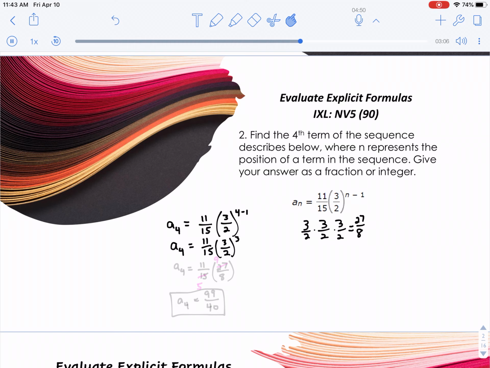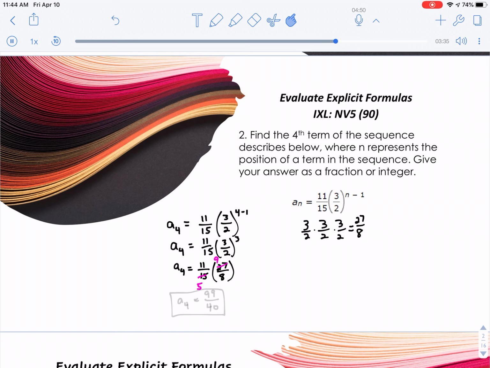So now over here we have a sub 4 is 11 over 15 times 27 over 8. Now before you multiply this, you want to see if anything reduces. And the 15 and the 27 reduce. 3 goes into both of those, and we get a 5 and a 9. And then we're ready to multiply.